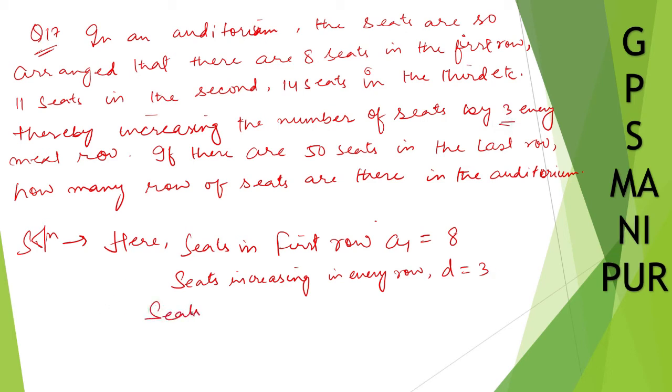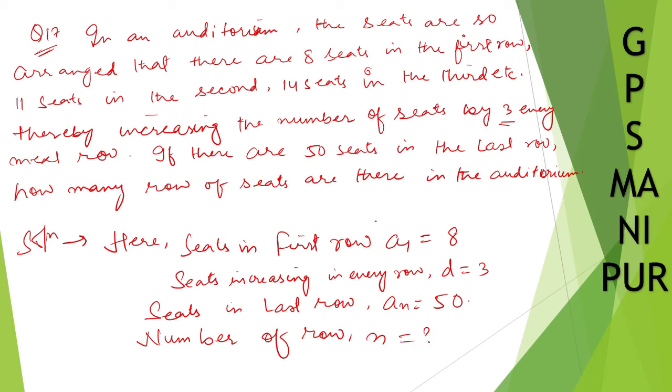Seats in last row, that is AN. We can write the last row, AN is equal to 50. So we need to find how many rows there are. So number of rows, that is N, is equal to question mark.